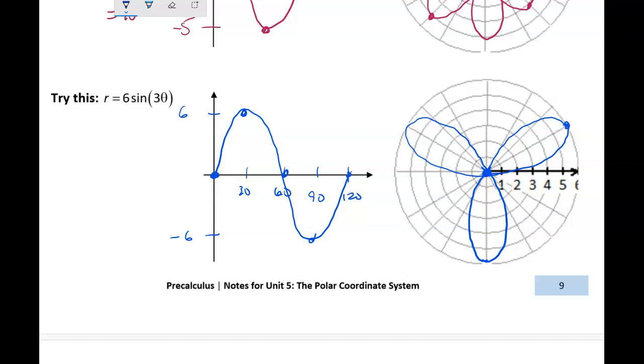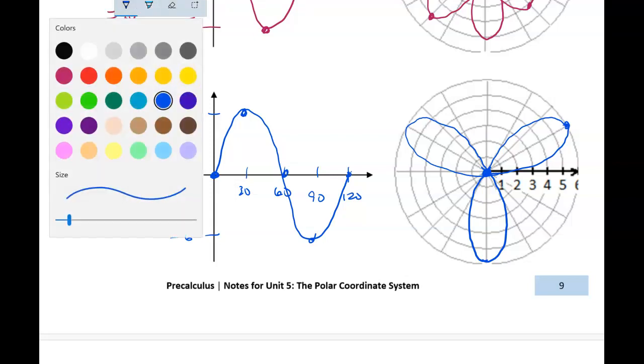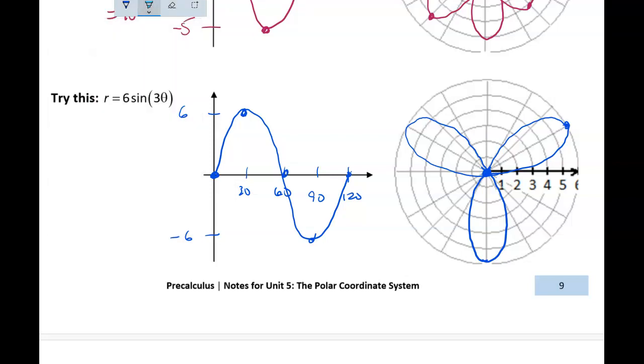So notice that the sinusoidal graph that we graphed first, the one on the vertical and horizontal axes here, has each petal kind of carved out. The 0 to 60 degree petal is this one.